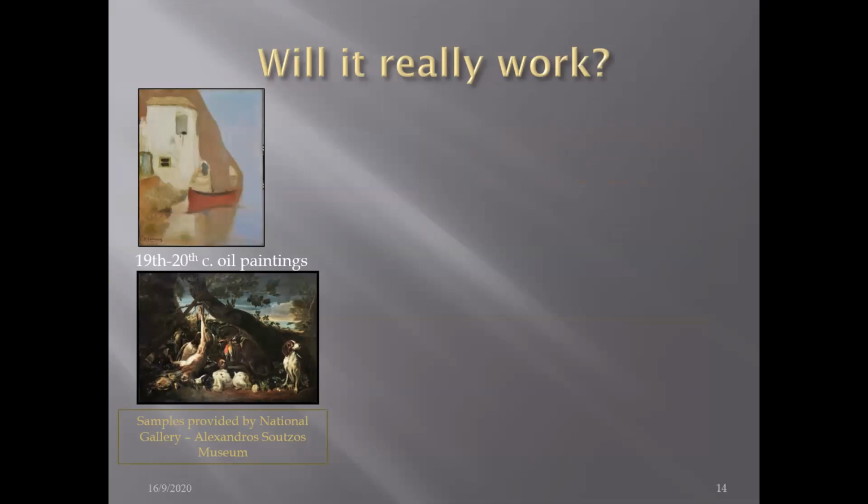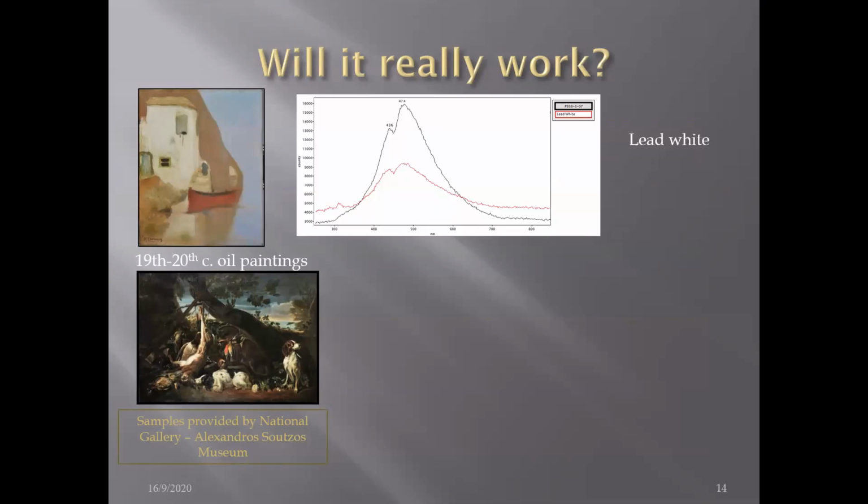We got some samples, some cross sections with multiple different painting layers. So the first good result was that we could identify the main pigments that were in each layer. For example, here you can see in the spectrum that the analysis that we got from the lead white on the painting was very, very similar to the one from the clear lead white grains.